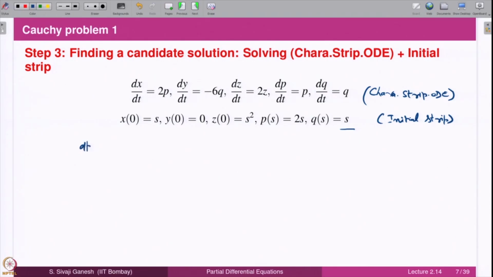Therefore, dp by dt equal to p. This I will demonstrate here clearly, the solutions later on I will straight away write the answers. dp by dt equal to p, therefore, the solution looks like a constant times e power t. dy by dx equal to y means the solution is e power x into a constant. But now when t equal to 0, I want the initial condition to be satisfied. So, A must be 2s.